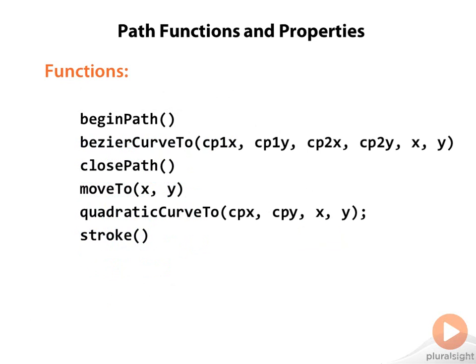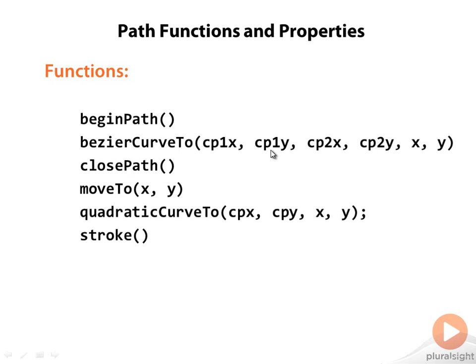Now in addition to doing that, we can also use some of the more curve-oriented functions, and we have things like begin path, close path again, and we can stroke a particular shape. But we can also do Bezier curves, which gives us a couple of control points we have to define. So a control x and y point, another x and y control point, and then a final point.